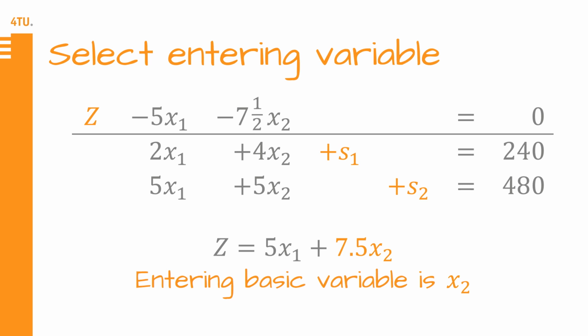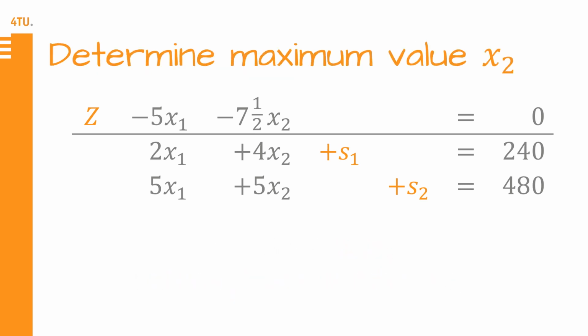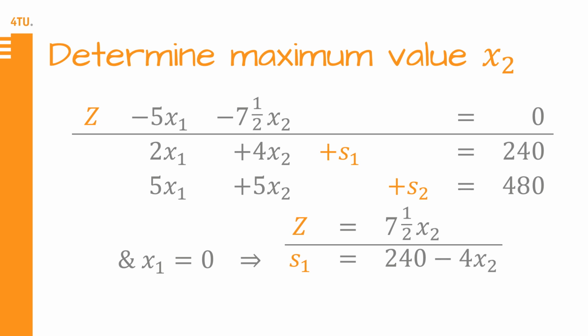We have to determine the maximum possible value for x2 such that the solution stays feasible. To determine this, we rewrite the system of equations using the fact that x1 stays non-basic, so equal to 0. This gives that z is equal to 7.5 times x2, s1 equal to 240 minus 4 times x2, and s2 equal to 480 minus 5 times x2.